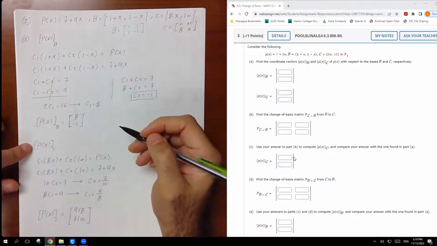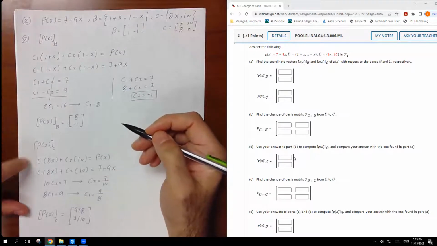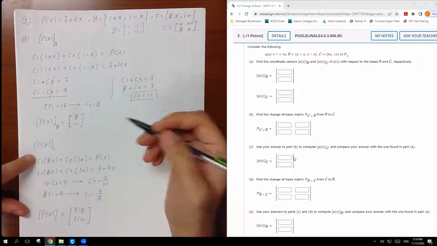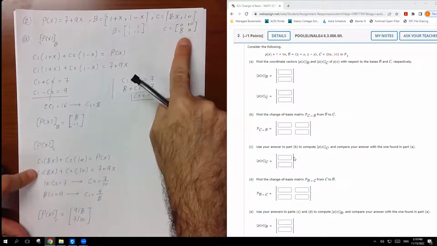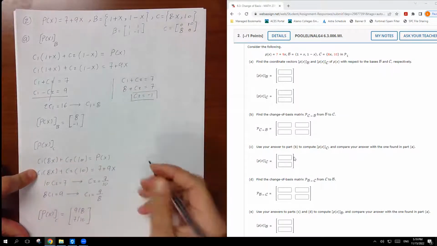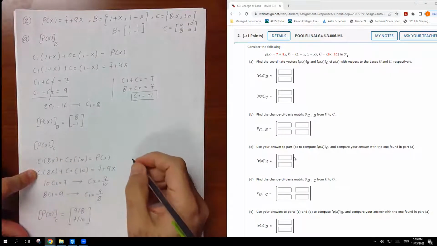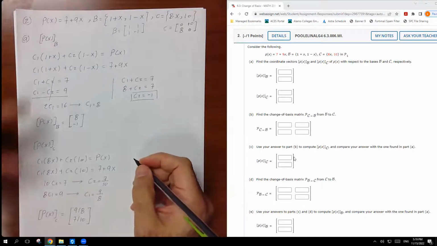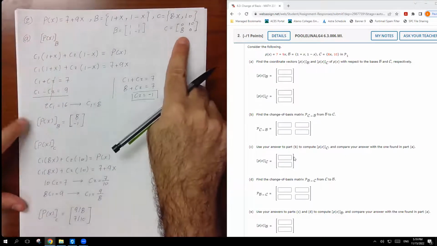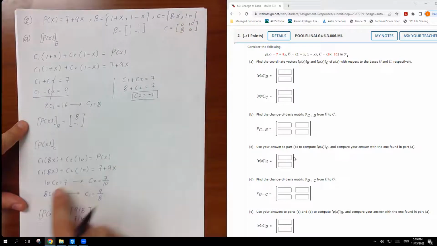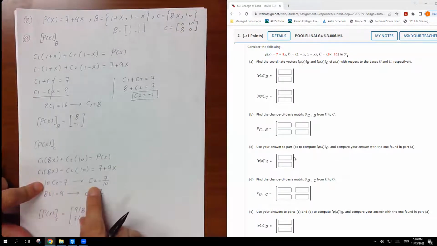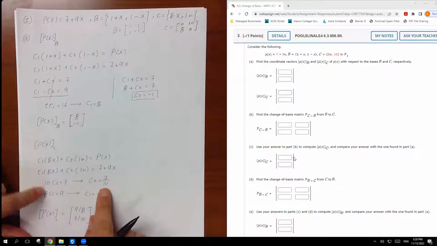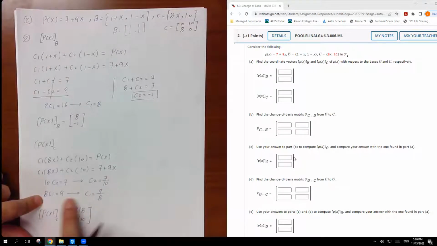Now the coordinate vector with the base C is going to be C1 times 8x plus C2 times 10 equal P of x. You can use this base instead of what you're doing here, it's going to be easier. So now we got 10 C2 equals 7, C2 equals 7 over 10, and 8 C1 equals 9. That means C1 is going to be 9 over 8.